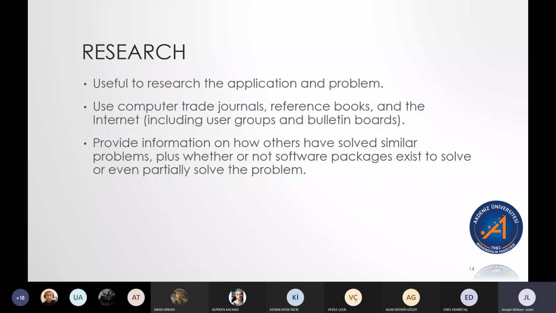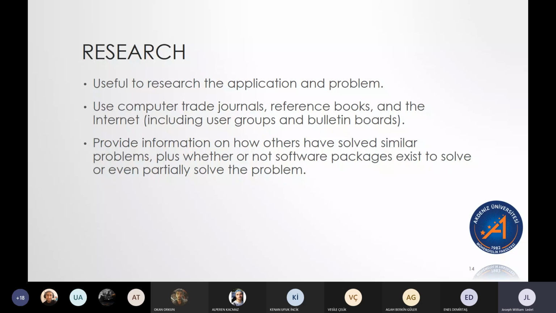Research is probably the one that you are going to use primarily for this group project coming up. Okay, it's basically, well, research and documentation as well, but what you're going to do is go out there and find the application.